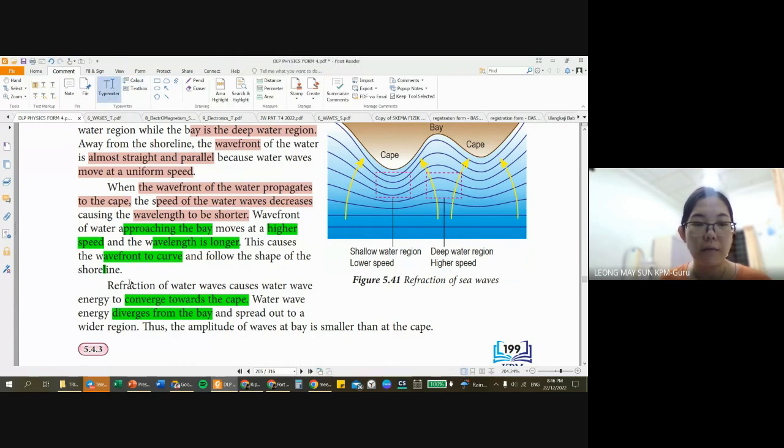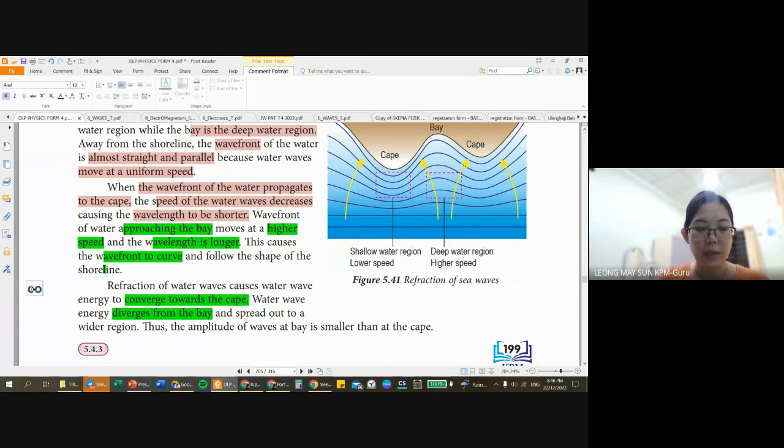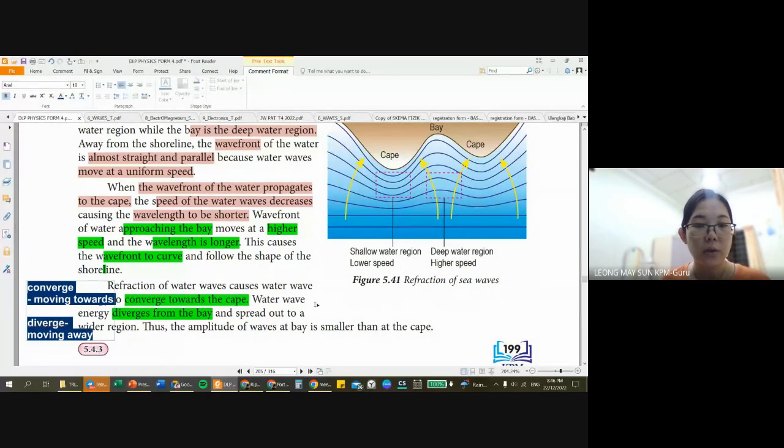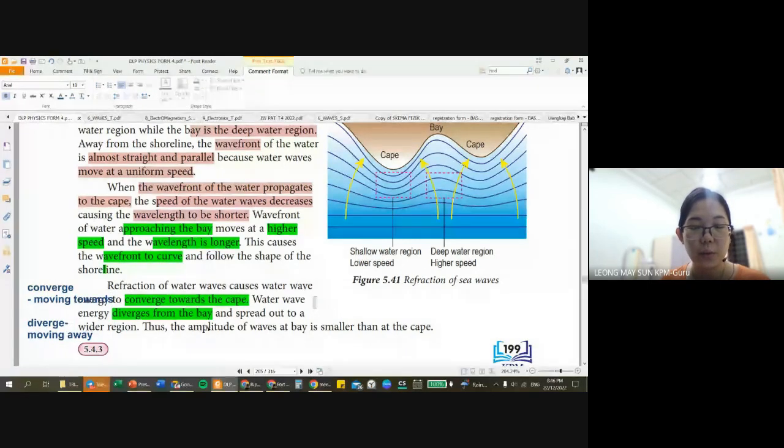Diverge means moving away. Converge means moving towards, diverge means moving away. So water wave will diverge from the bay and converge towards the cape, and it spreads out a wide region.